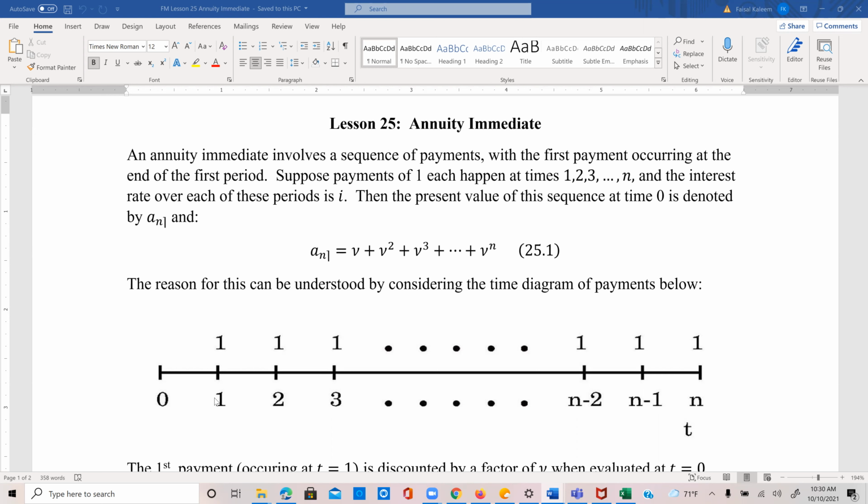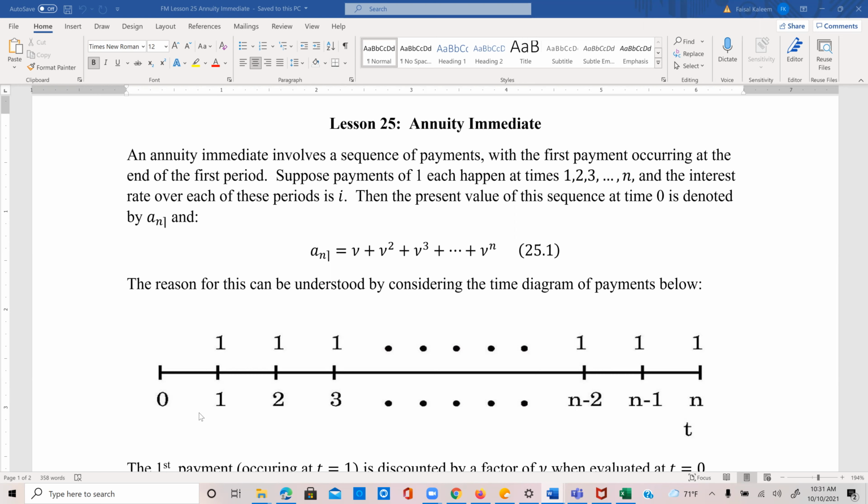So the first payment will start at the end of the first period. The first period, remember, goes from time 0 to time 1. And so in Annuity Immediate, the first payment happens at time 1. The second payment happens at time 2, and so on. And the nth payment happens at time n.